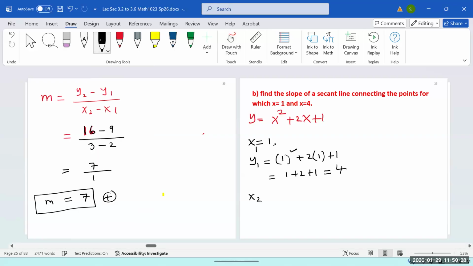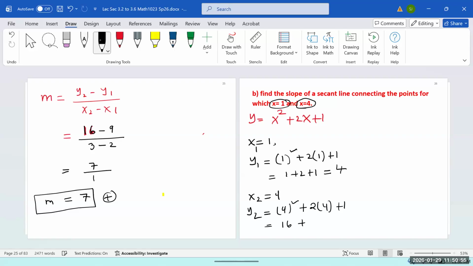And then you have your x2 is 4. Then what is your y2? So you have x2 is 4, right? So you have 4 square plus 2 times 4 plus 1. And what is 4 square? 16, not 8.